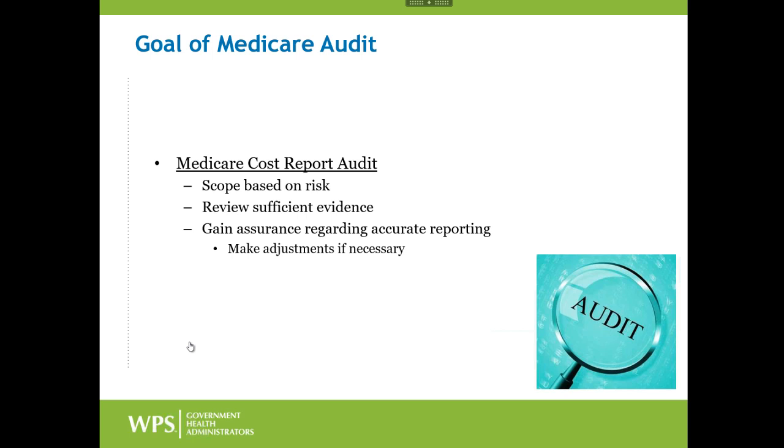There are a variety of reasons that it might be scoped, but whatever we identify as needing a review, we then have to gather and review sufficient evidence to support that amount. The idea, the goal overall, is to gain reasonable assurance regarding the accurate reporting of that particular amount, dollar, day, whatever it might be. Now, if it's accurate as reported, then of course no adjustment is needed, but in some cases we may need to make adjustments based on our findings.